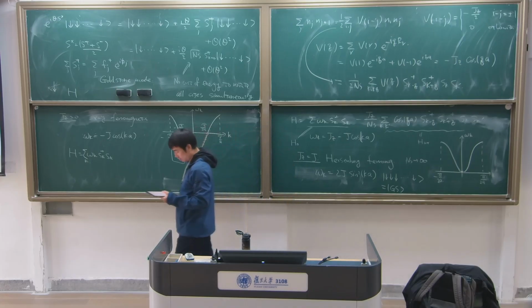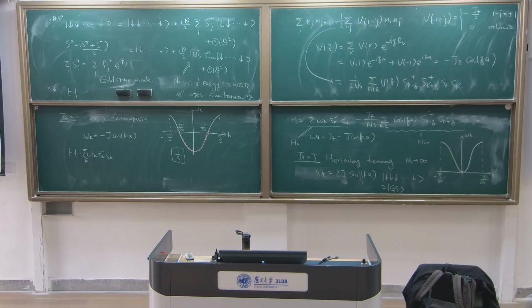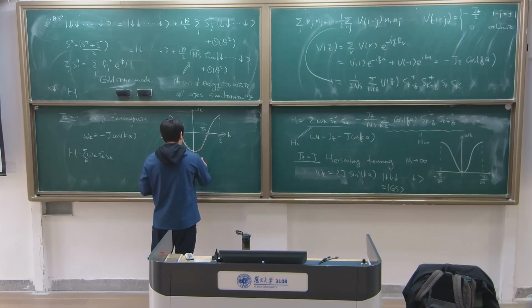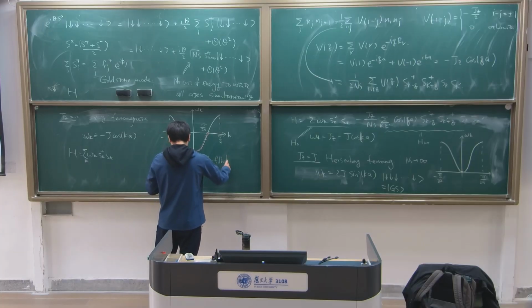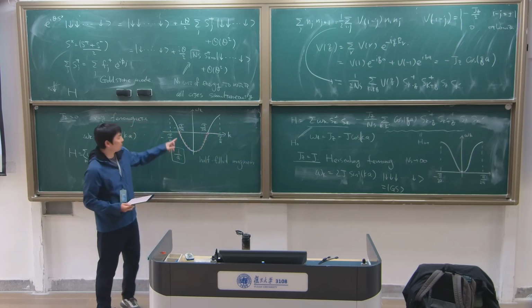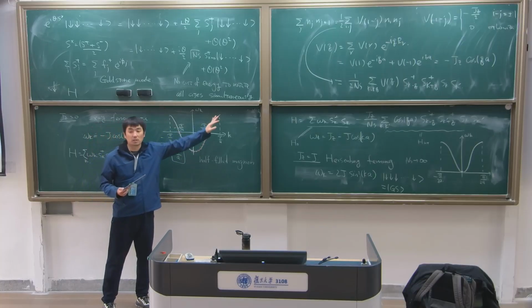So this state is called the half-filled state, the half-filled margin. The state is the ground state. Half-filled means that only the negative part is filled, but the positive side is not filled.